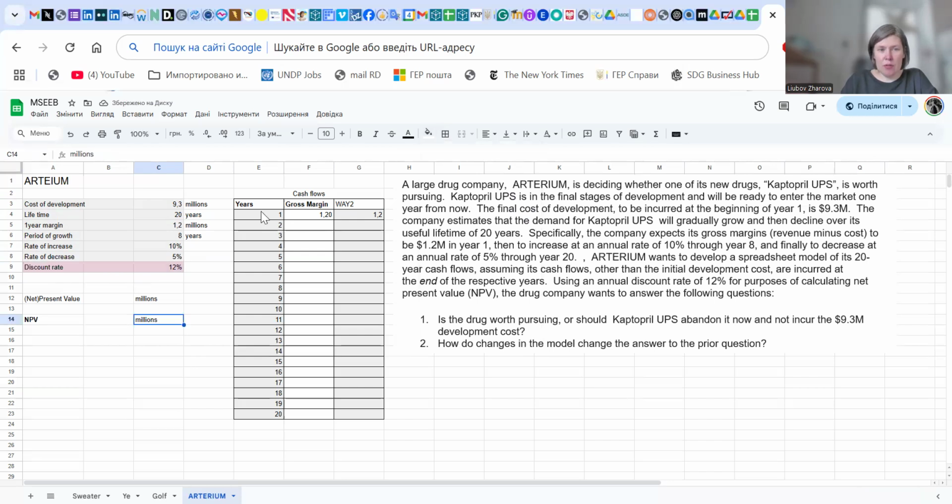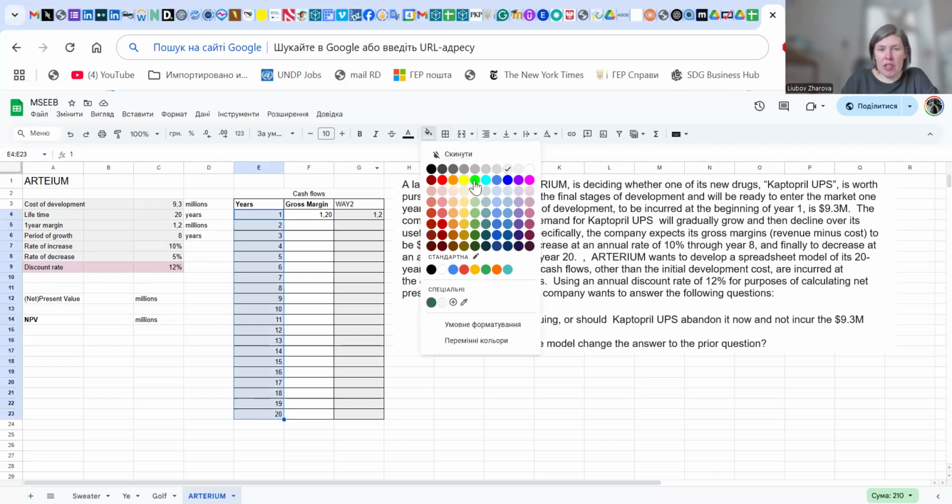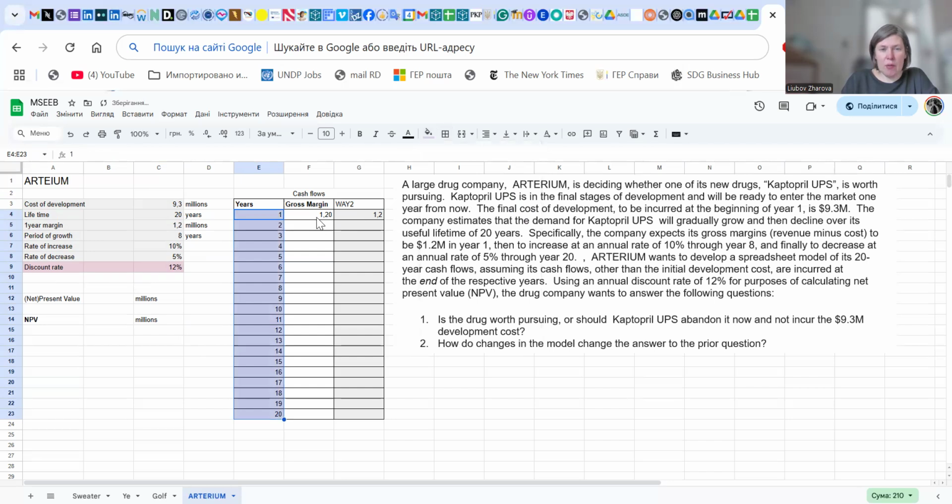What we're going to do, we take the years. First, we need to assess the cash flows that we create each year. So we have our years, and we want to calculate gross margin. I'll show you two ways to do it and explain why one way is better. The first is the easiest one: we just directly calculate as it reads.